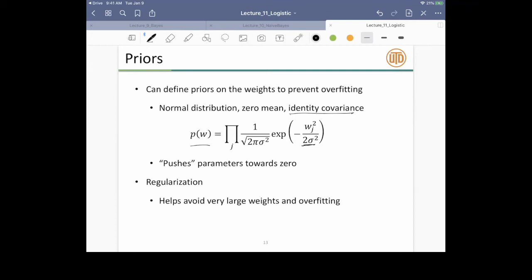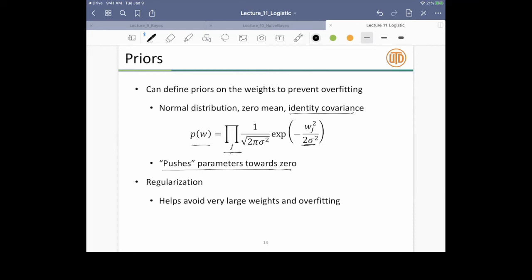Okay, so in general, you can have this as an n-dimensional Gaussian, right? But for simplicity right now, just assume that you have identity covariance, okay? So it's just minus w_j square and a product of these. So each dimension is independent of each other. What this tries to do is that it pushes the parameters close to zero, okay?